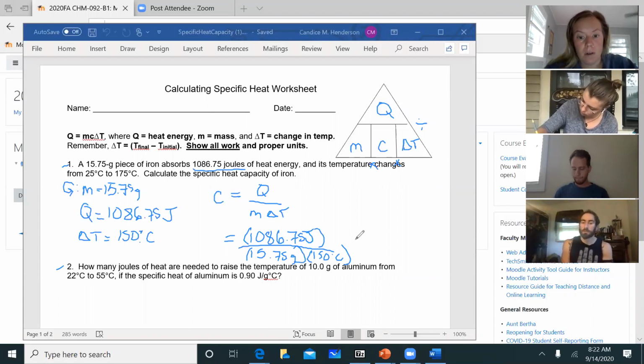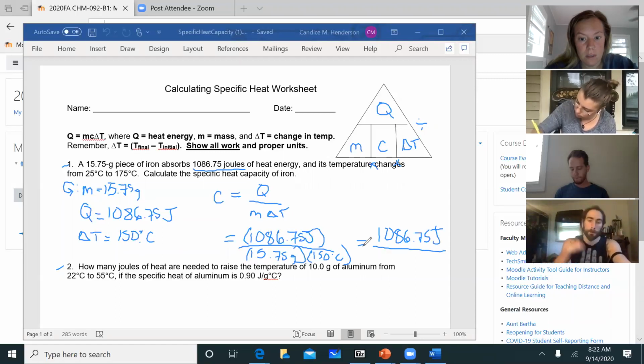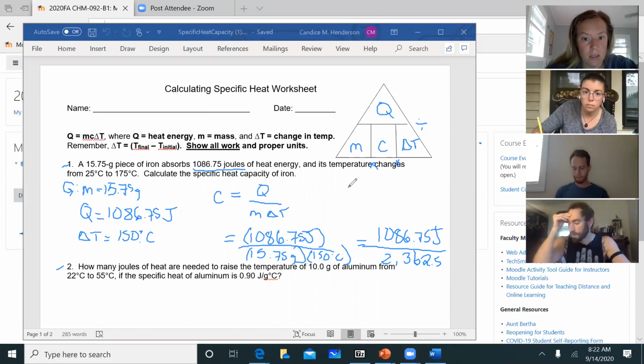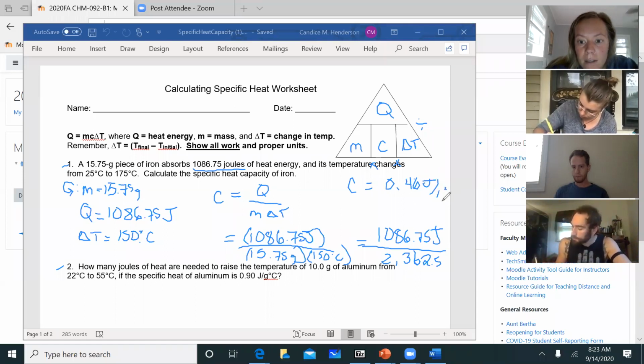So this whole thing, I gotta write it out, sorry. 108.6.75 joules divided by 2.3625. Okay, so we should get C is equal to 0.46. And the units on this thing are going to be joules per gram degree Celsius.